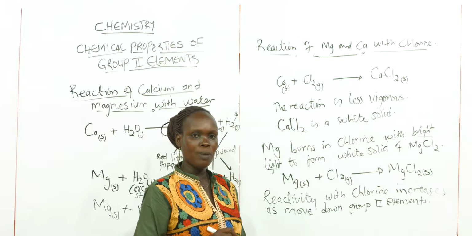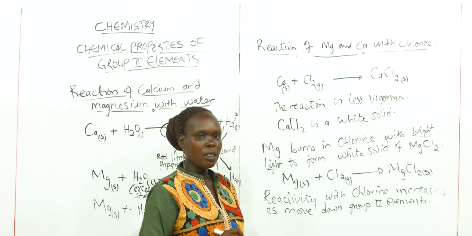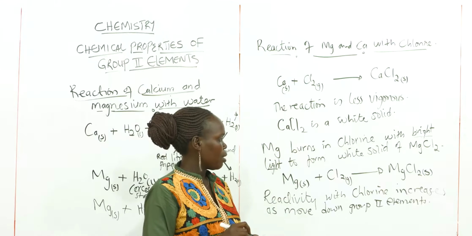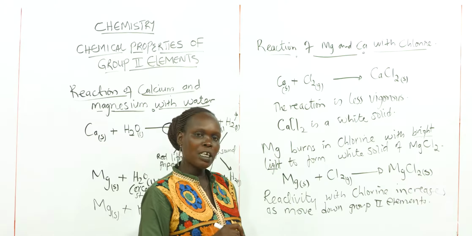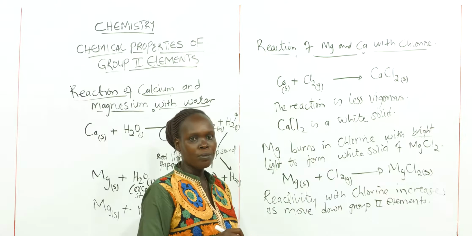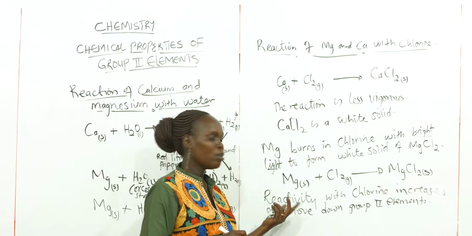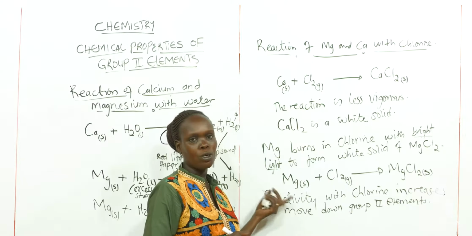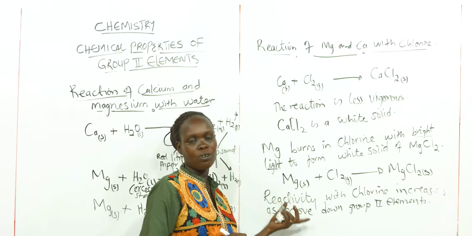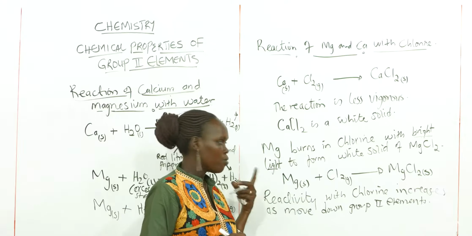This is caused by the presence of air, and it forms at the surface of the metal, which prevents the reactivity from being faster. So any reactivity with any other reagent will not be faster, as compared to what we are saying, that the reactivity should increase as we move down the group.